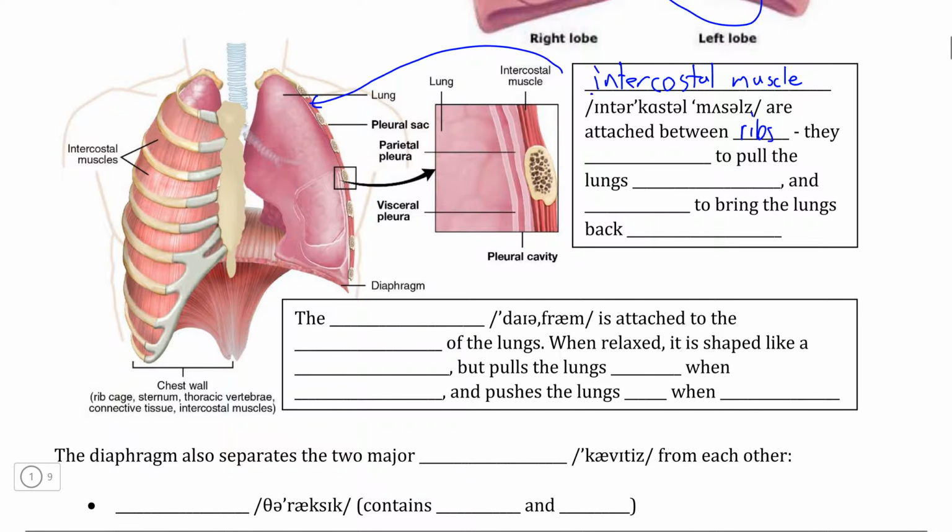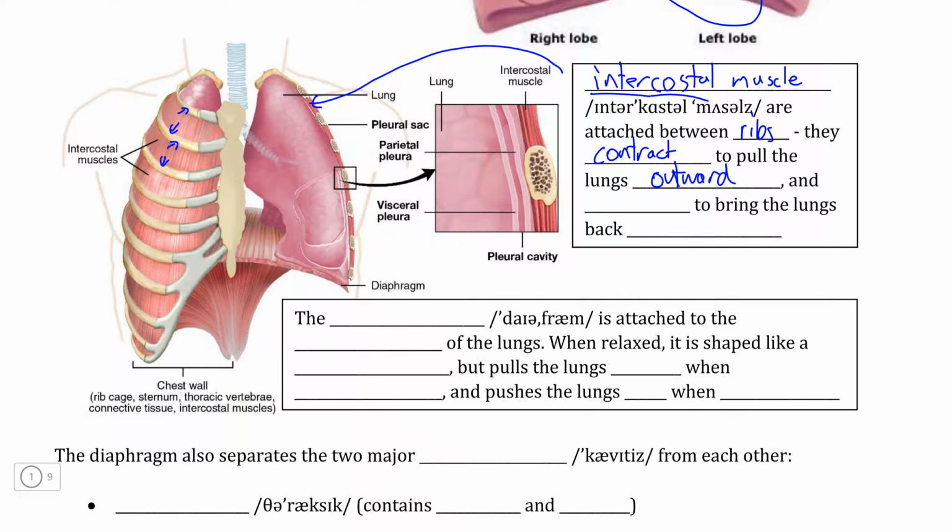So inter obviously is a prefix that means between, and we can infer that costal in this context refers to ribs. And the way that these work, even though it's a little bit difficult to see, your ribs can actually expand outward farther away from your body, and when the intercostal muscles contract, that causes the muscular layer in between the ribs to push outward and actually pull the lungs outward away from your body core.